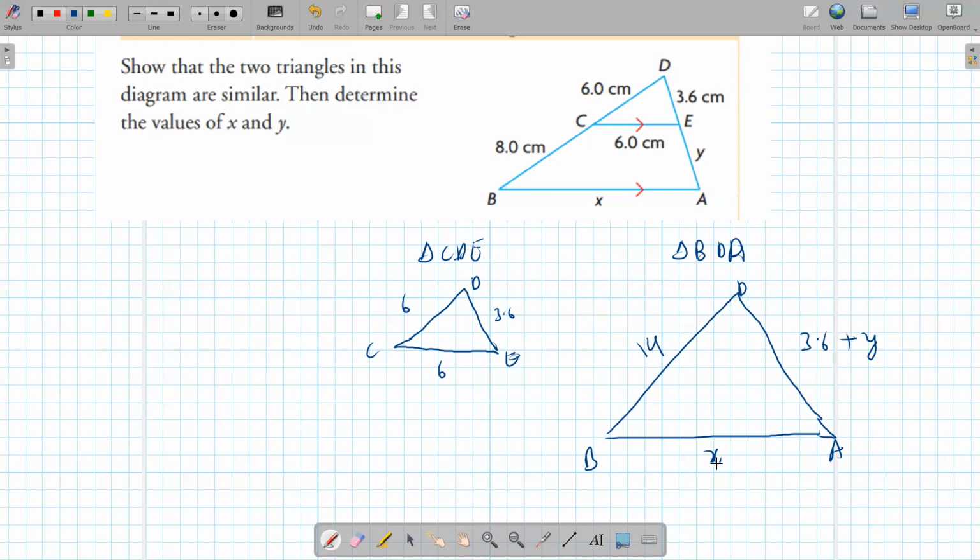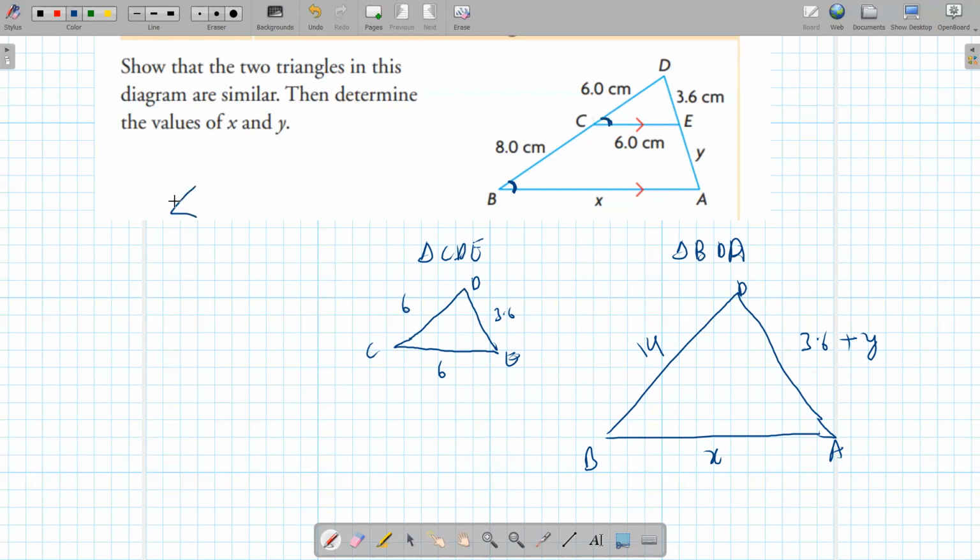Which two angles are the same for these guys? You see the angle B down here? Which of these angles is the same thing as angle B? C. Yeah, exactly, C. So we proved one of the angles is the same.